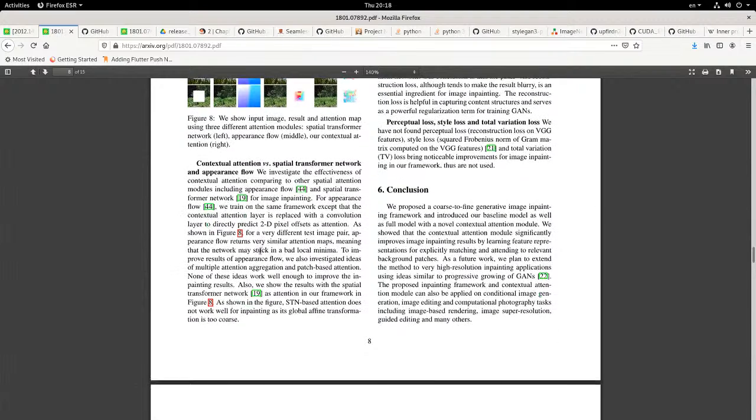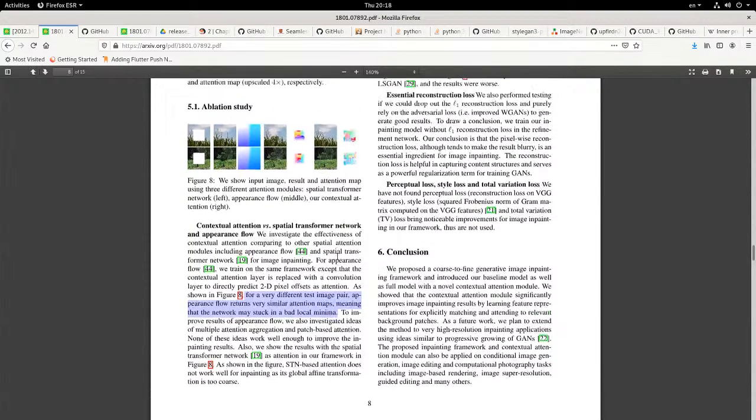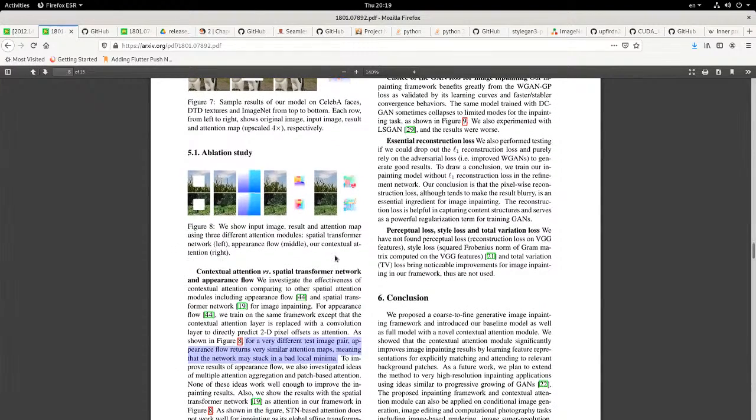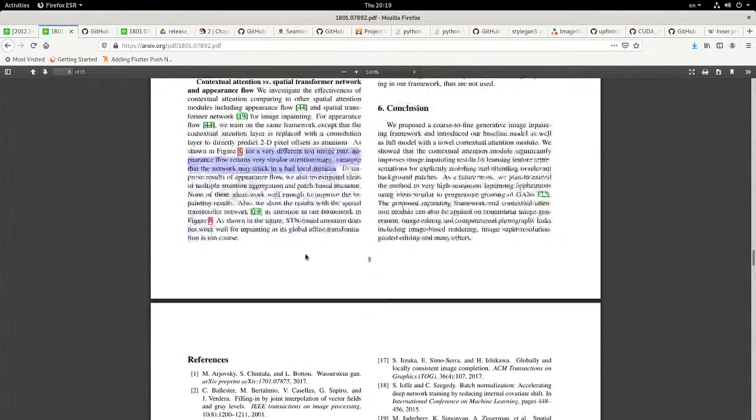The convolution layer directly predicts 2D pixel offsets as attention. Interesting.